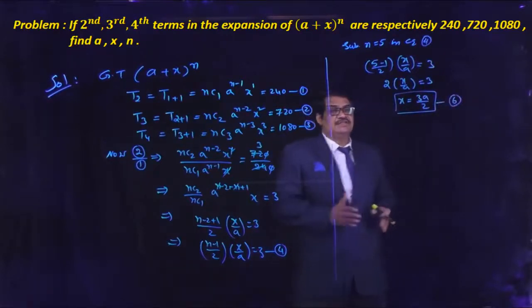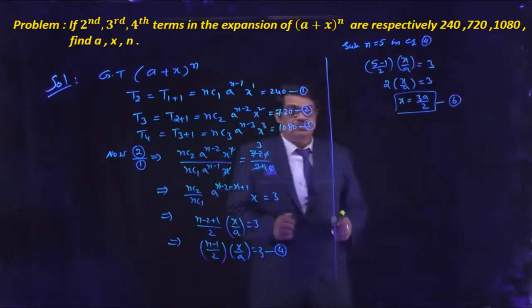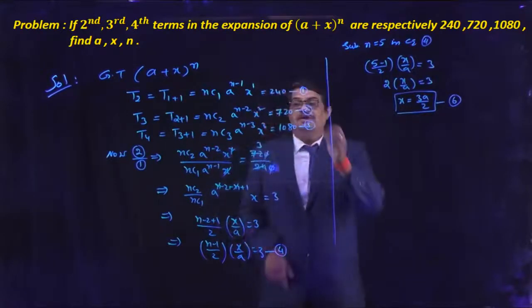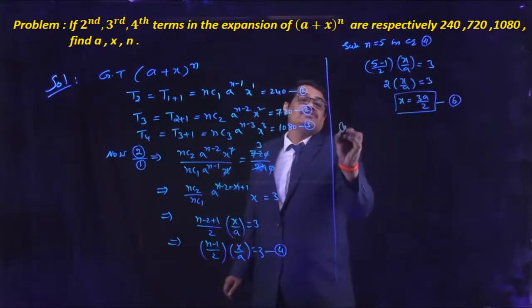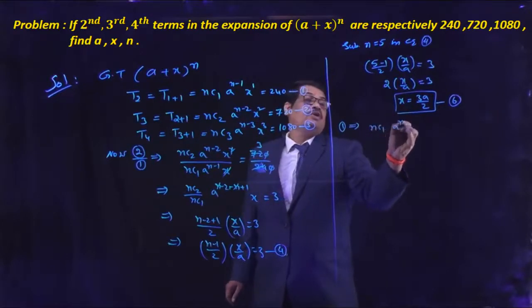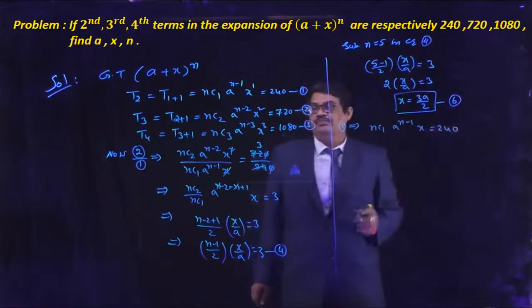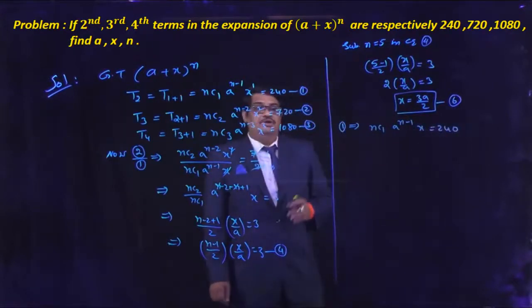So x is in terms of a, that is 3a by 2. Now we have to substitute the n value and x value in equation 1. What is equation 1? Equation 1 is nC1 a to the power of n minus 1 into x is equal to 240. That is equation 1.